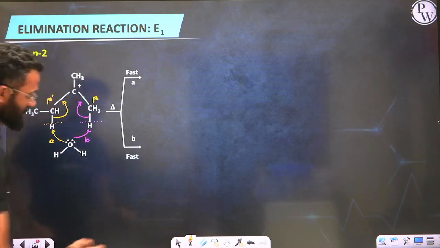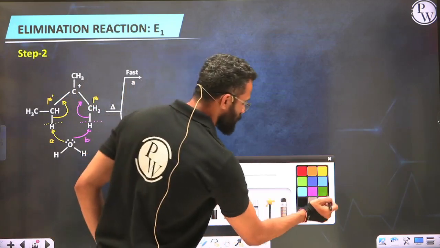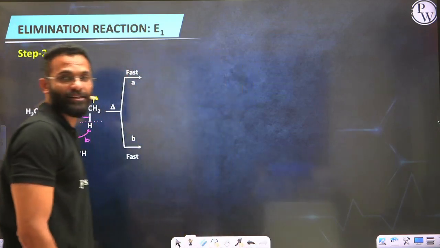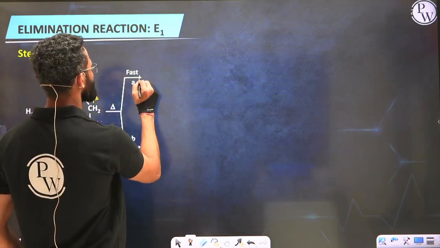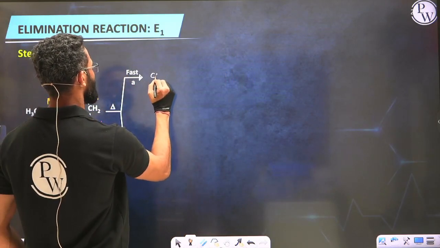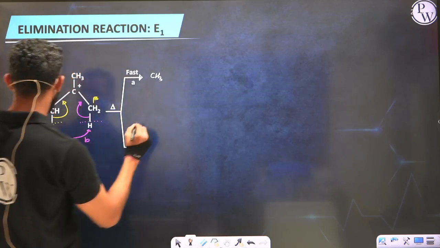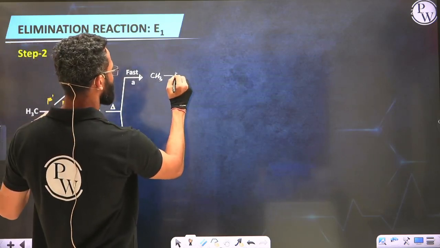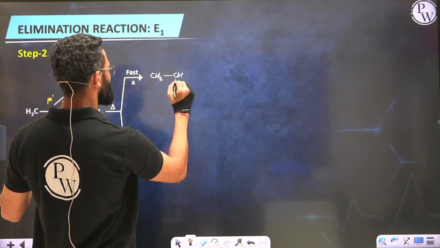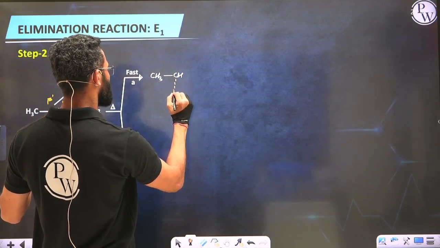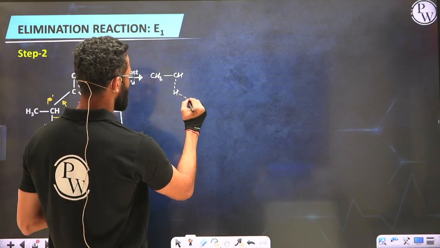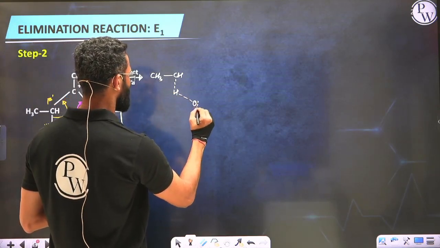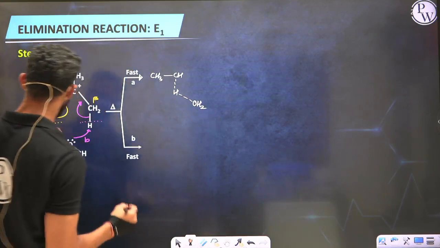So guys, in this step 2, we will be getting yet another transition state. And how do we show that? Look. That's CH2 here, CH, and this CH bond is in a process of breaking, which is attacked by water.